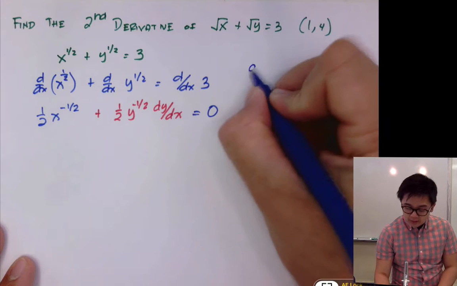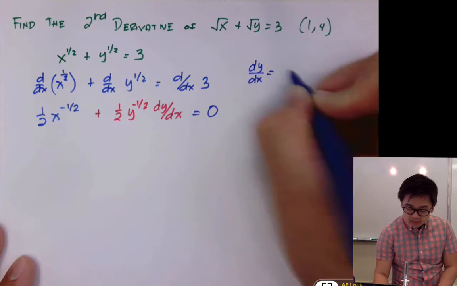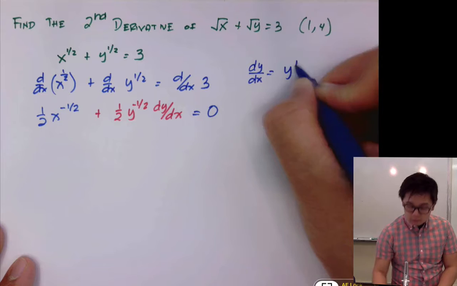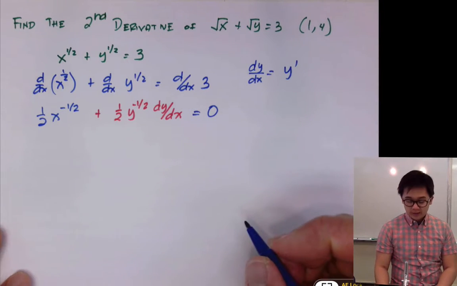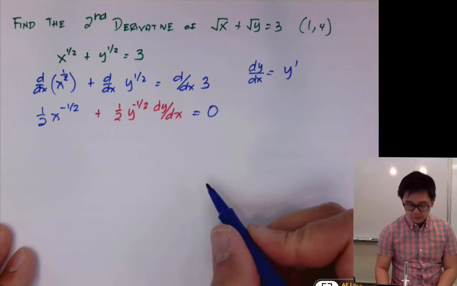Now, we know that dy/dx can also be written as y prime as our notation, and I'm going to use this later on so I can easily evaluate my first derivative.